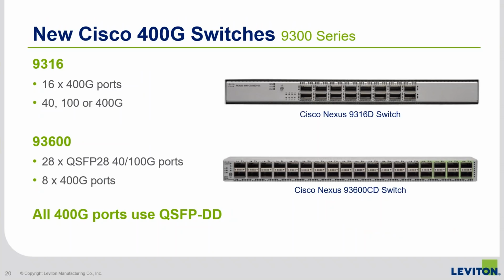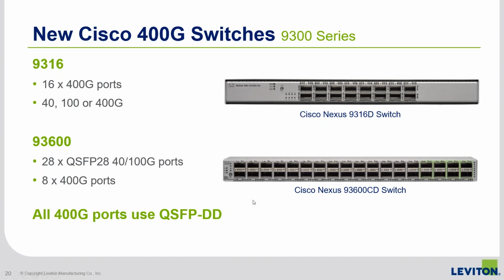Then there are a couple of others on their 9300 platform, which has been pretty popular for them, the 9K series. The top one shows up to 16 400 gig ports, and then a combination of other ports with the 9300, 28 QSFP, and then 8 of the 400 gig ports.